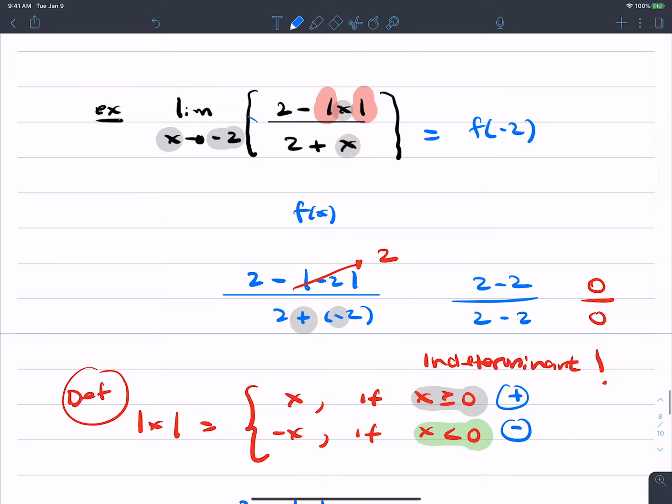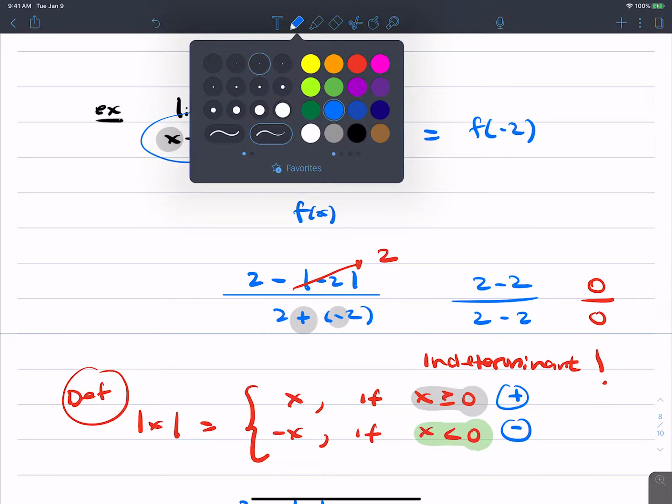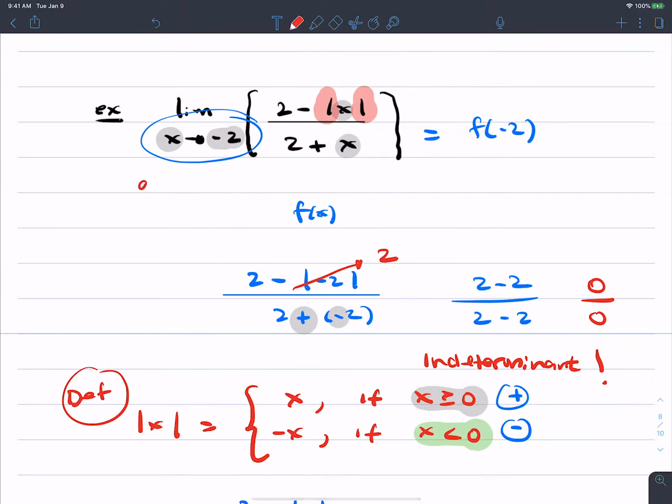And go back to the limit: x is approaching negative 2 now. Since x is approaching negative 2, x is around negative 2.